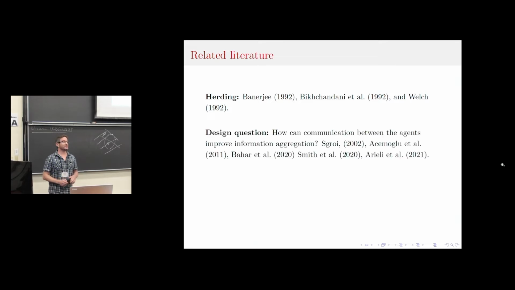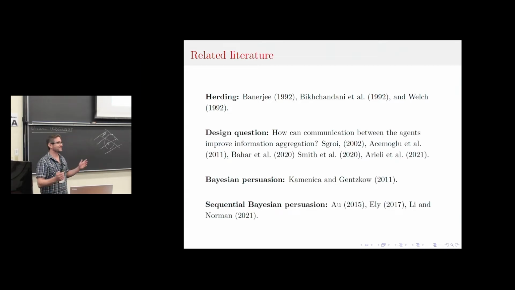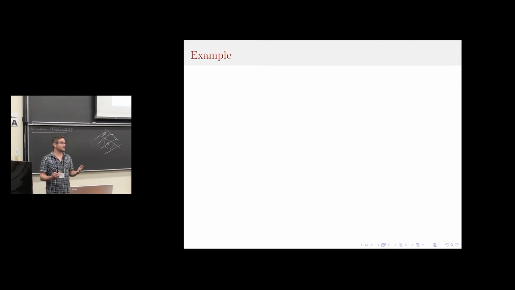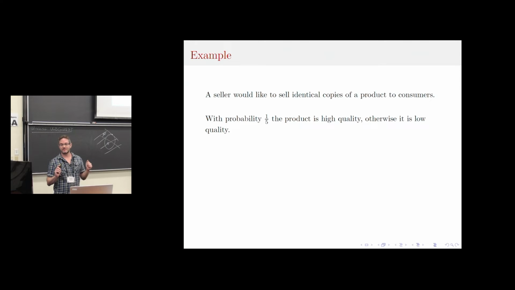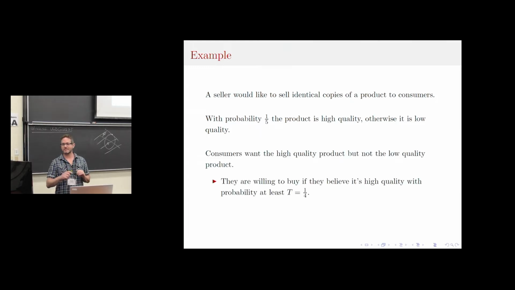Okay, so there's some related literature. In the interest of time, I'll just show you that it exists. And for the rest of the talk, I'm just going to go through an example. So suppose we have a seller, and the seller wants to sell identical copies of some product. Let's suppose that with probability 1/5, this product is high quality, and otherwise it's low quality.